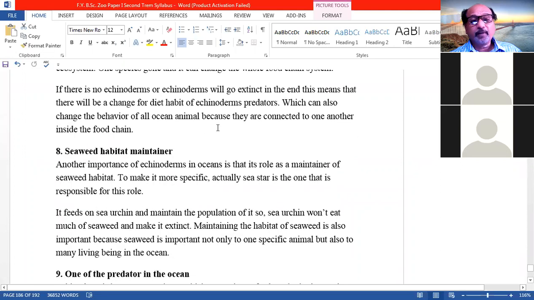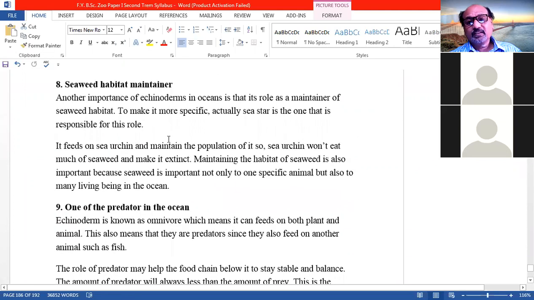Then, the seaweed habitat maintainer. They feed on the seaweed and maintain the seaweed growth. Another importance of the echinoderms in the ocean is their role as a maintainer of the seaweed habitat. To be more specific, the sea star is the one responsible for this role.